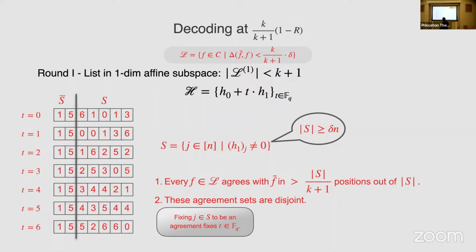Okay. So for example, for k equals 2, this says that the list has to be less than 3, has to be 2. And the other way of seeing this is that if we fix j to be an agreement, which means that we are fixing the value of the jth coordinate in this line, then that fixes what t was as well. Because it's a line, so we can write this as h0j plus t times h1j equals gj.